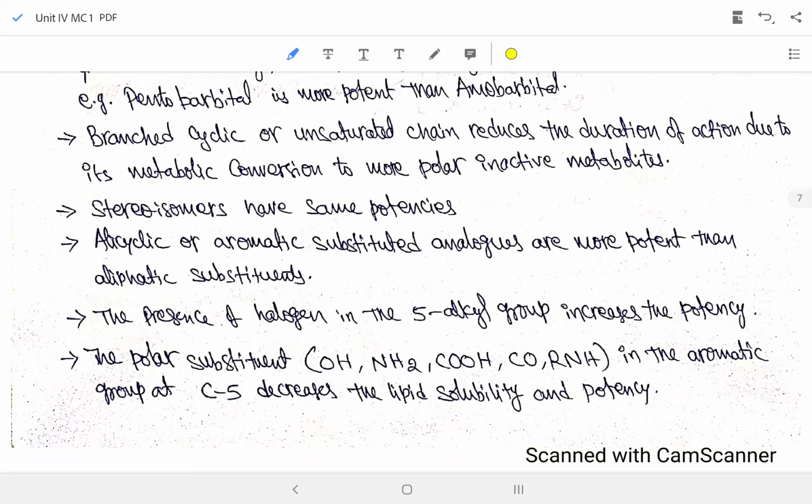Unsaturated chain means double bonds or triple bonds. They will decrease the duration of action because they are metabolically converted into more polar inactive metabolites. Polar compounds will be easily excreted out. Okay, so they are not available for more time to show their action.